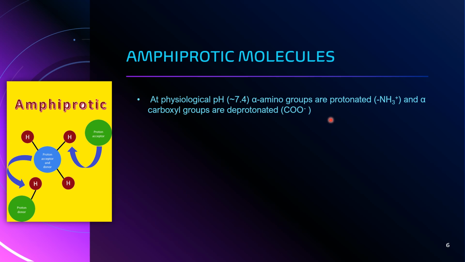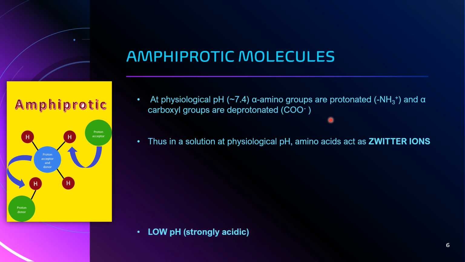So the net charge will be 0. In this double ion form at physiological pH, we can say that the amino acids are in zwitterionic form, or zwitterionic means the double ionic form, in which they have charge separation.